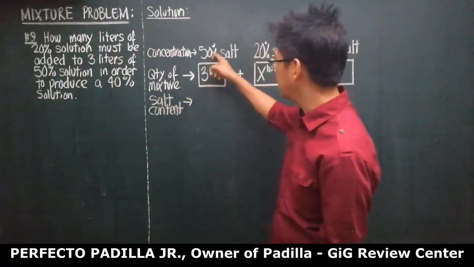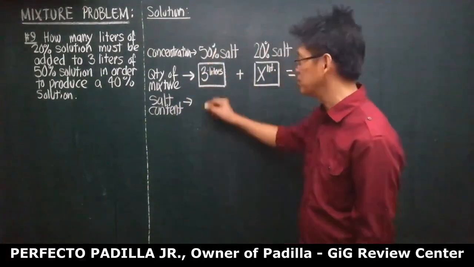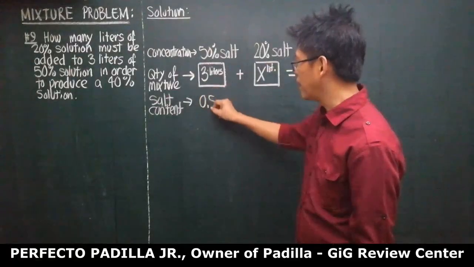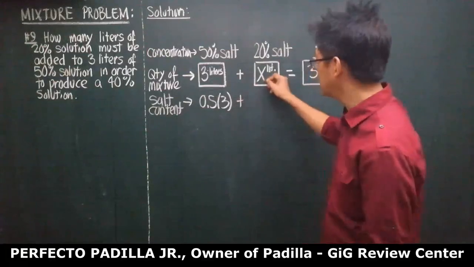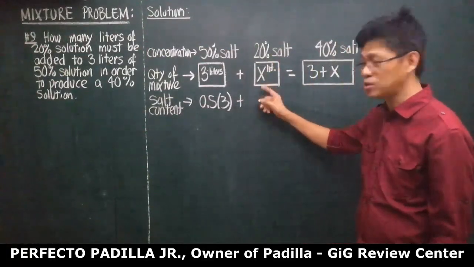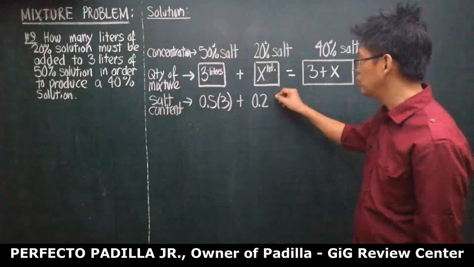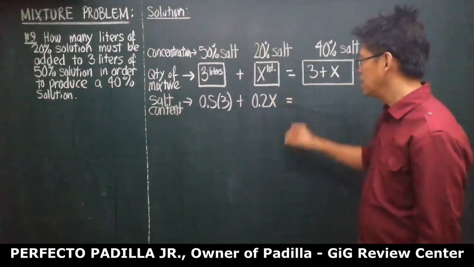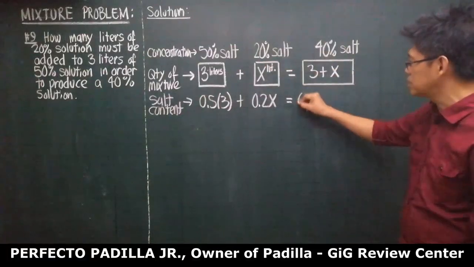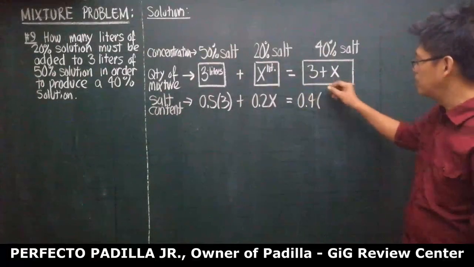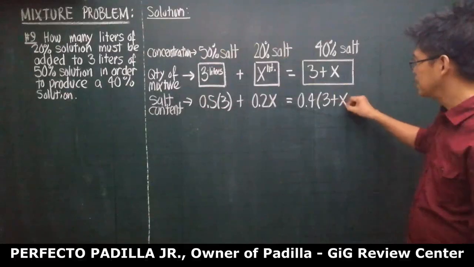Ang sabi sa atin, 50% of this is salt. So, 0.5 times 3 is salt, plus the salt content of this, 20% of x, so 0.2 of x is salt, and it is equal to the salt content of this, which is 40%, 0.4 of 3 plus x.